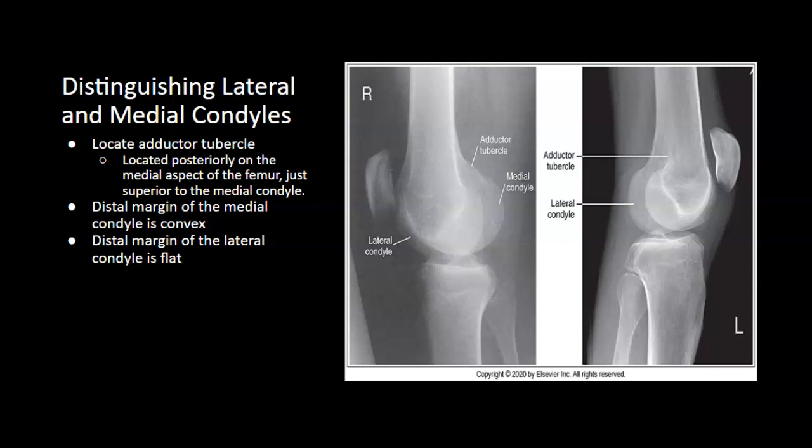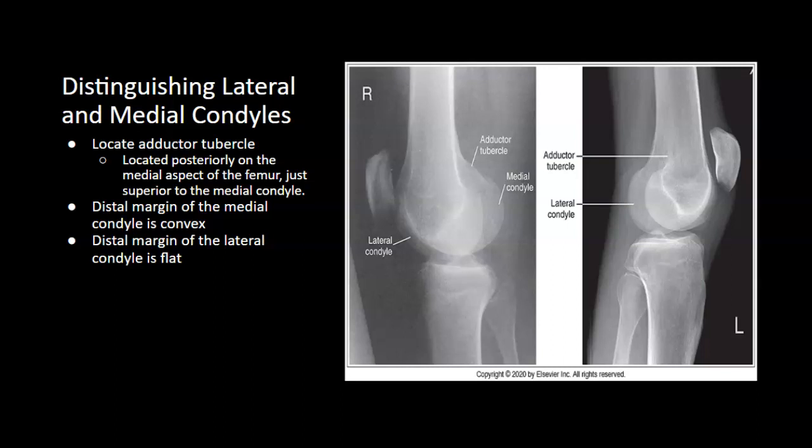It is located posteriorly on that medial aspect of the femur, just superior to the medial condyle. The size and shape of it varies and isn't identical on every patient, but the margin on that side is definitely different from the lateral condyle. Once you identify that adductor tubercle, the medial condyle is identified.